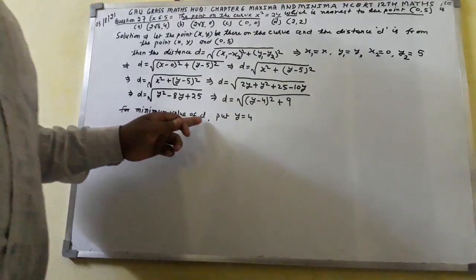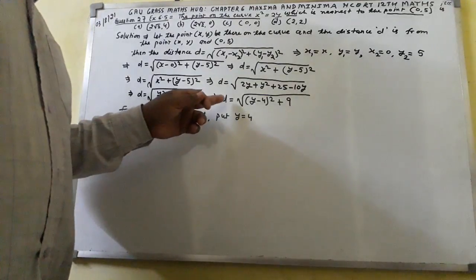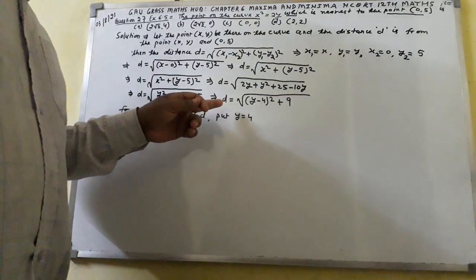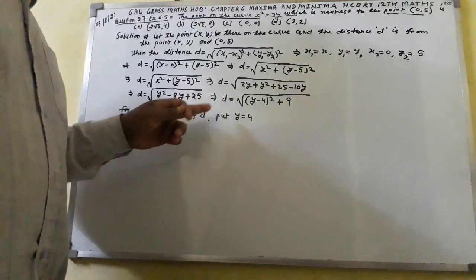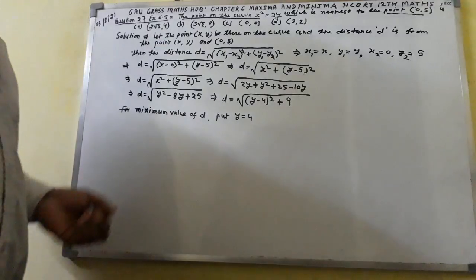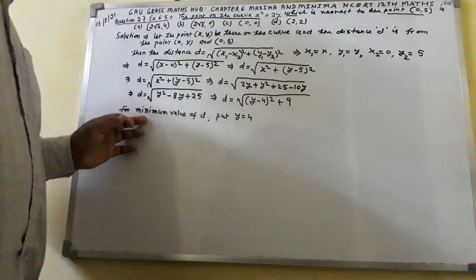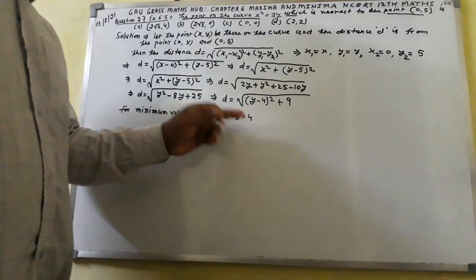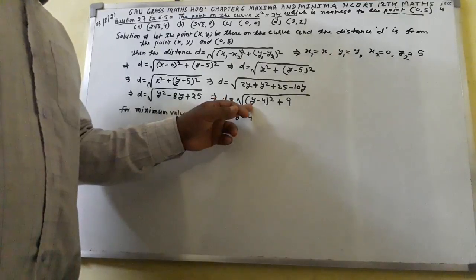For minimum value of d, this distance d is to be minimized. Here it says nearest. Nearest means minimum. Distance is going to be minimized. So put here y equal to 4.